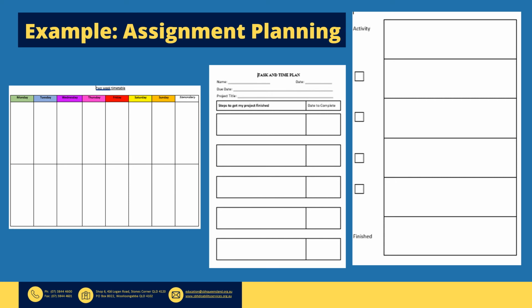And having tasks where they can say, I've completed that by this time, is helpful. It's that forward planning that we need to embed with our children with executive functioning difficulties.